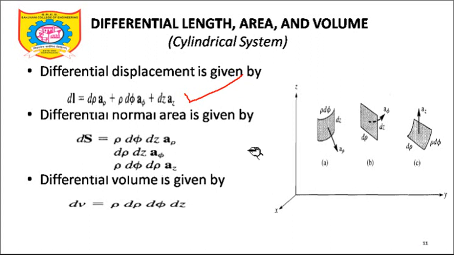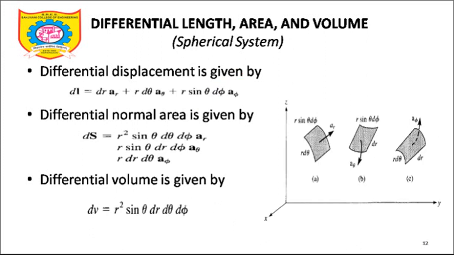One thing to remember for cylindrical coordinates, rho comes with phi, so rho d phi a phi bar, and finally dz az bar. And finally, for the spherical coordinate system, dl bar equals dr ar bar, r d theta a theta bar, and r sin theta d phi a phi bar.